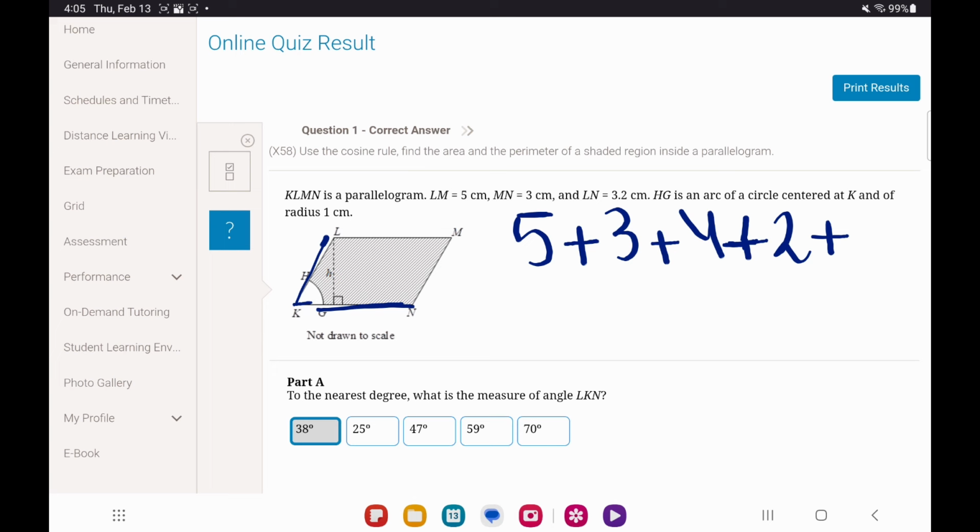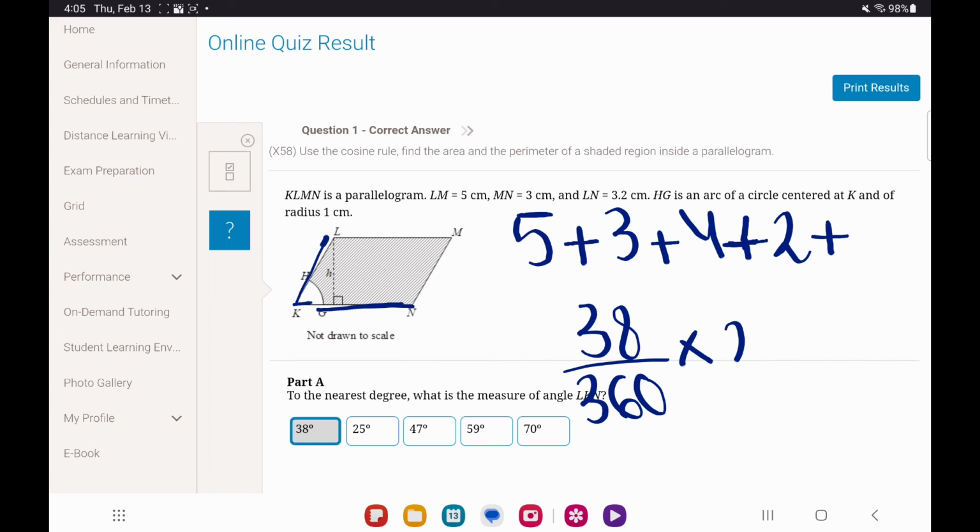Look at me. This part here, okay? We can find it by finding the circumference of the sector. How do you find the circumference of the sector? You do the angle, which is 38, over 360. I'm telling you, it's always over 360.